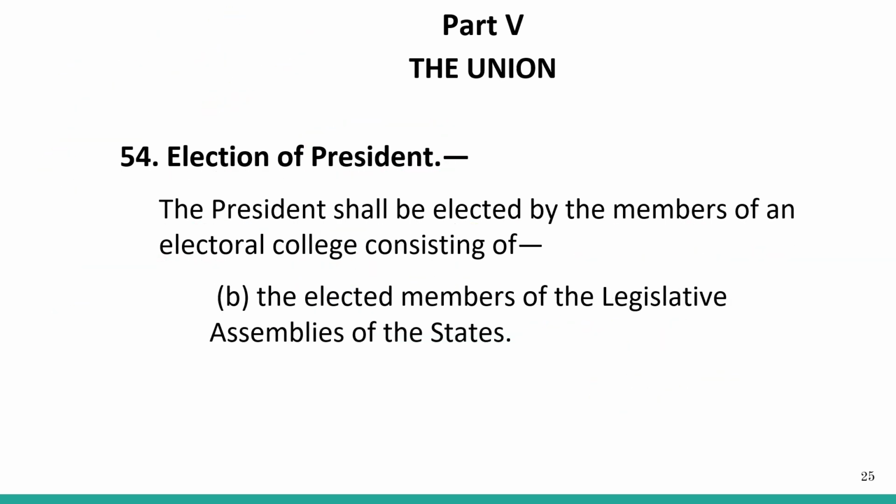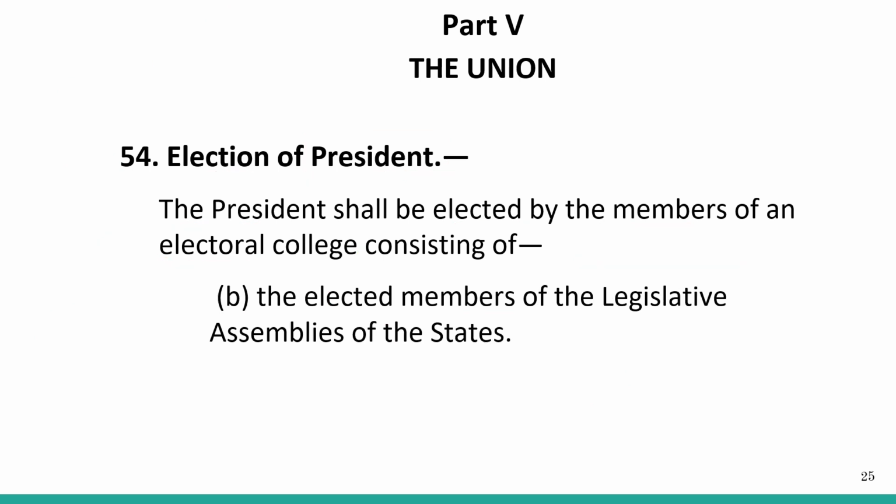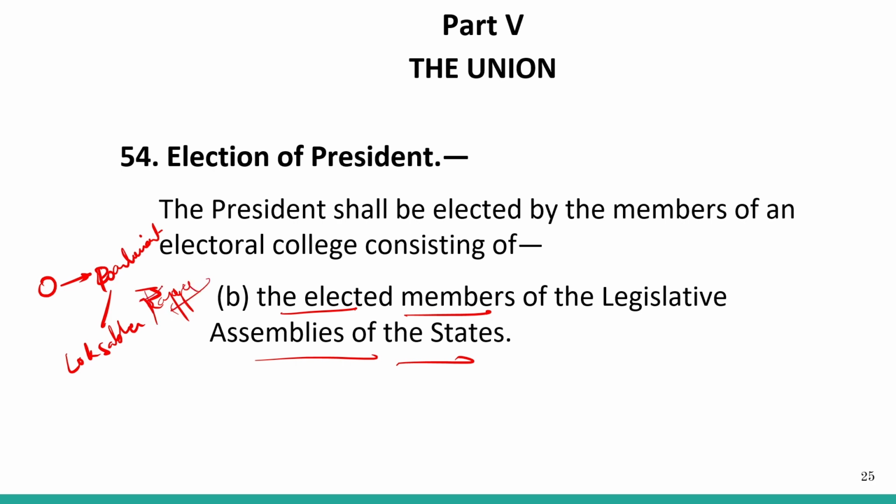Okay, the president shall be elected by members of the electoral college consisting of the elected members of the legislative assembly of the state. So one portion of the members will be from the parliament, which means the elected members of the Lok Sabha and the elected members of the Rajya Sabha. They will be chosen in the electoral college.